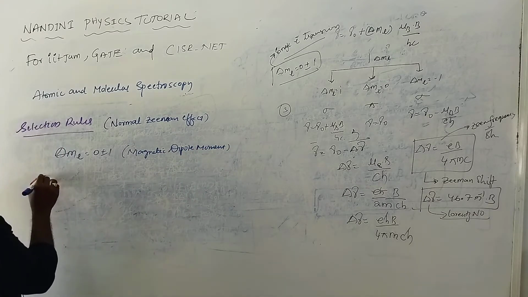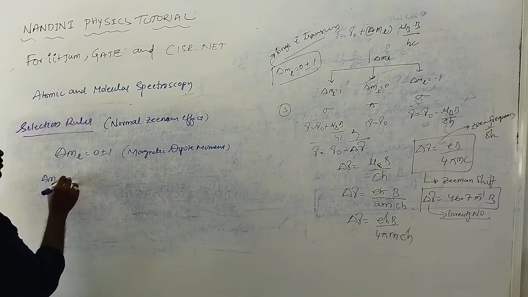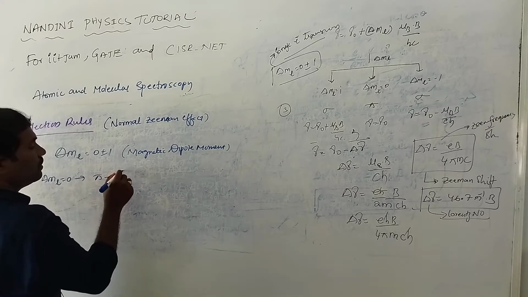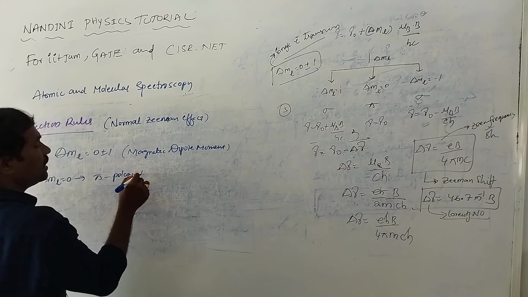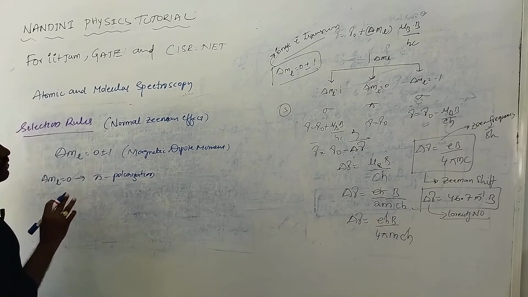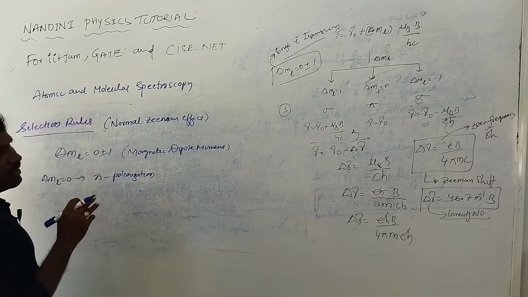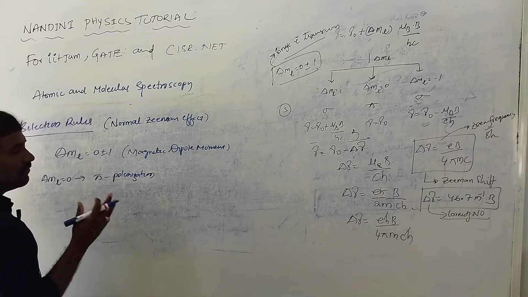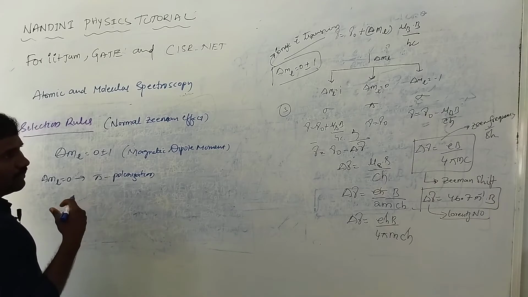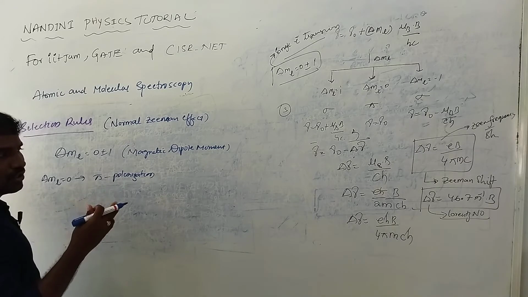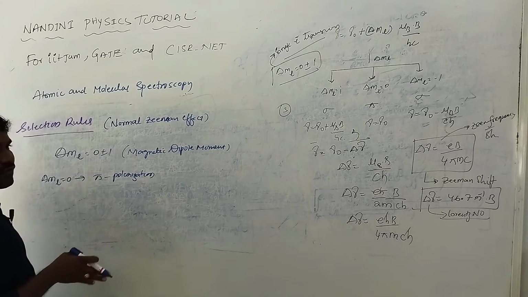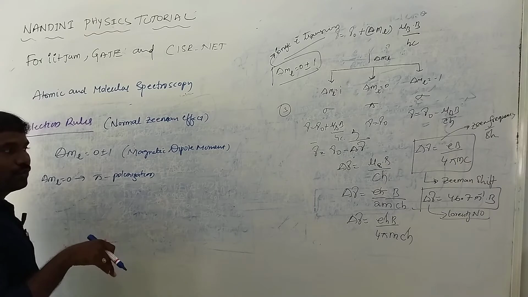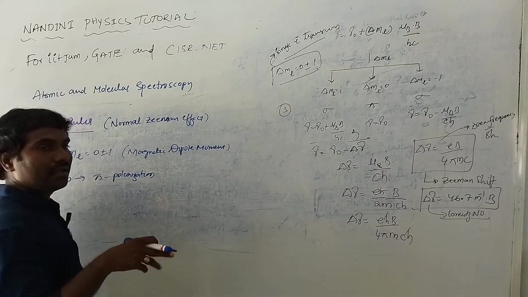And for delta ml equal to 0, which type of polarization? This is called pi polarization, because I already explained the experimental proof of the Zeeman effect, in which they placed silver atoms. In the longitudinal view it looks like circular polarization, and in the transverse view it looks like linear polarization.